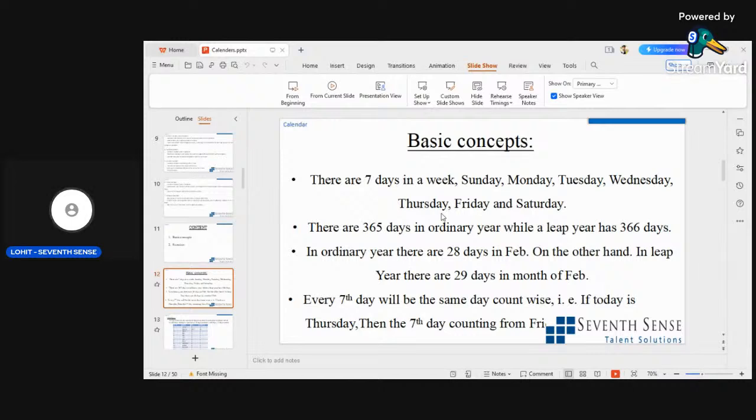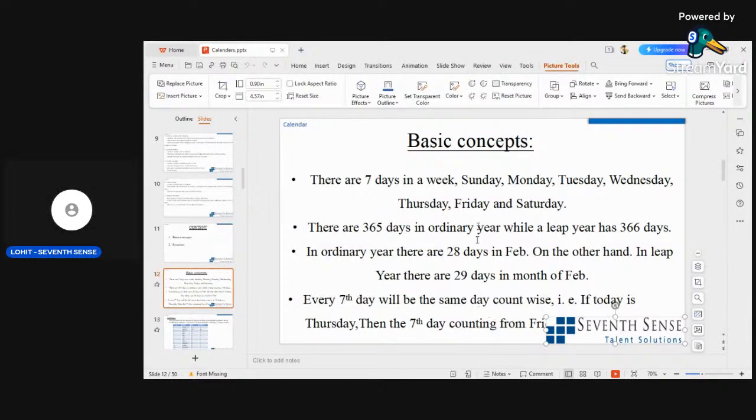After 7 days the count of the day will repeat. After 7 days, Monday will come again, and after 7 more days Monday will come again. That means the day repeats every 7 days. That is the same thing I have written here. Now what is the reason for this repetition every 7 days?